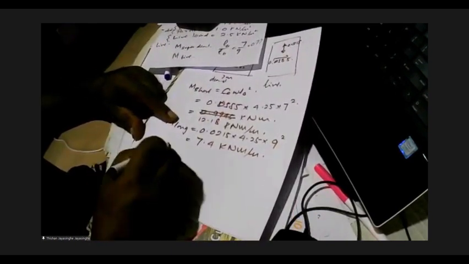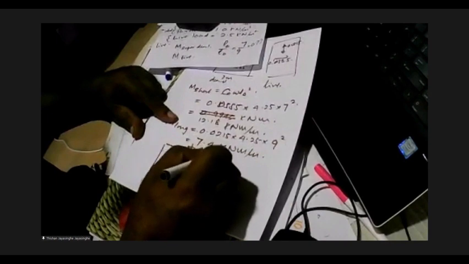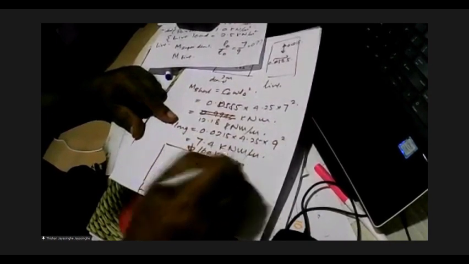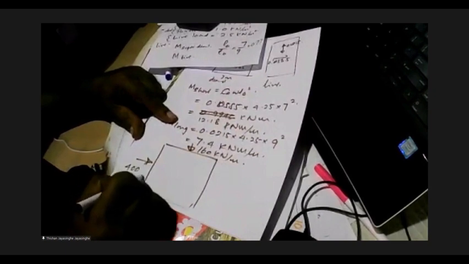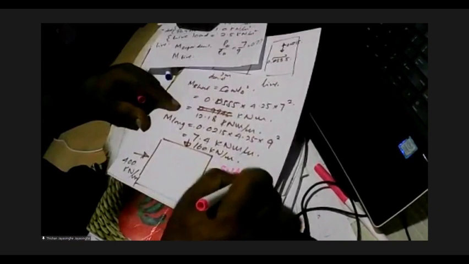So if you look at this one, this way we have 160 kilonewtons per meter. This way we have 400 kilonewtons per meter. And self weight, no problem, because already we have looked after that.